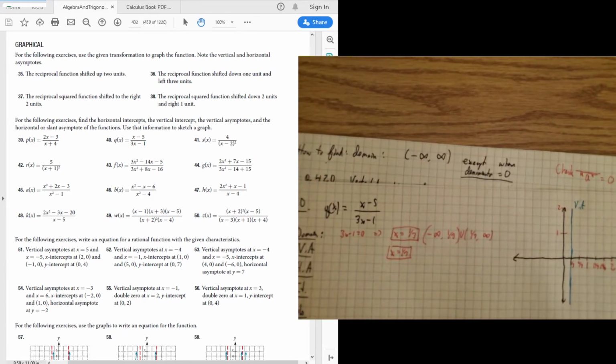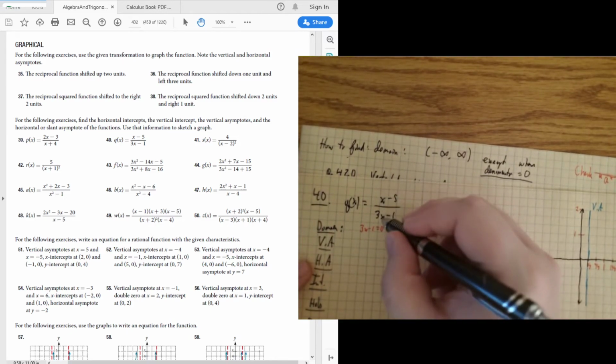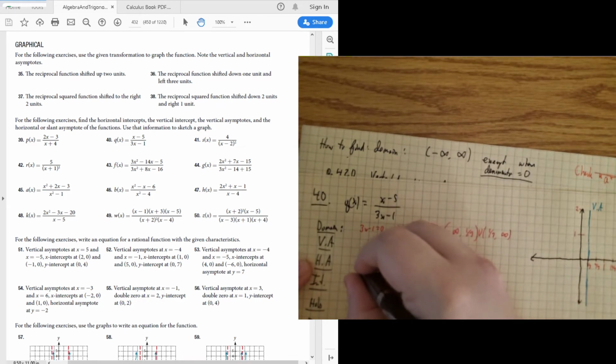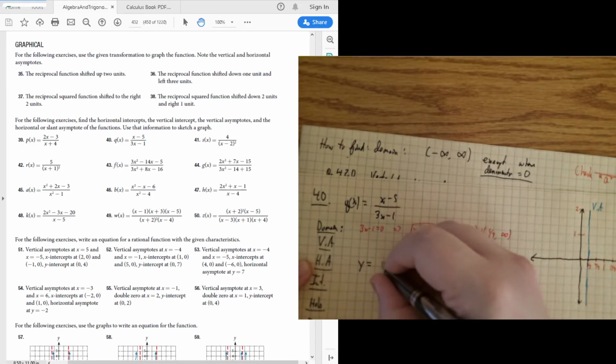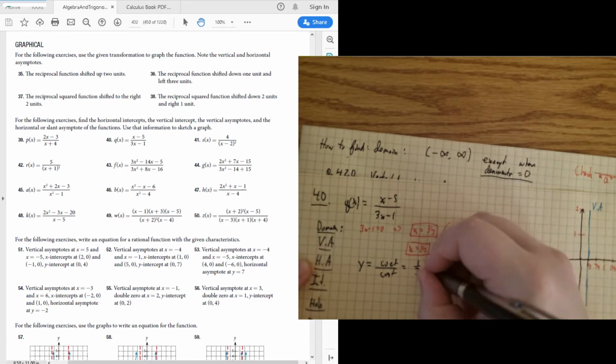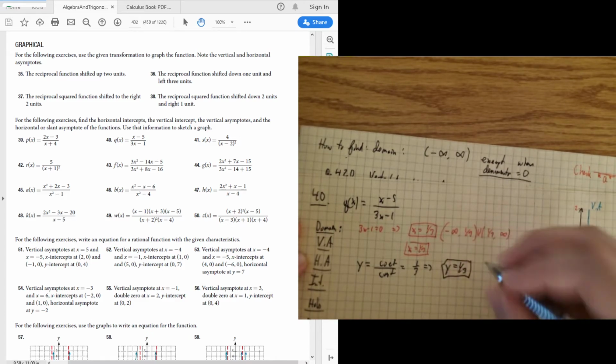Okay, my horizontal asymptote. I noticed that in my problem I have x over 3x, which means my degree is the same, which means my horizontal asymptote is at y equals coefficient divided by coefficient, which is 1 over 3, which means my horizontal asymptote is at y equals 1/3. This can happen, but these are two different things.